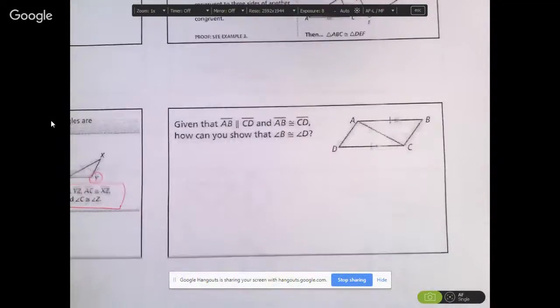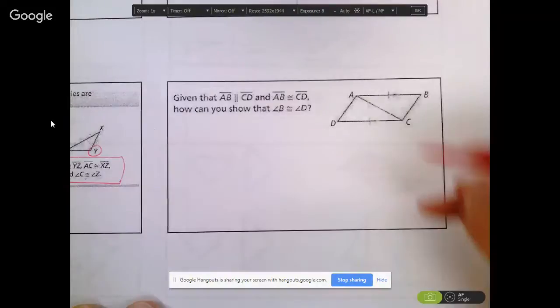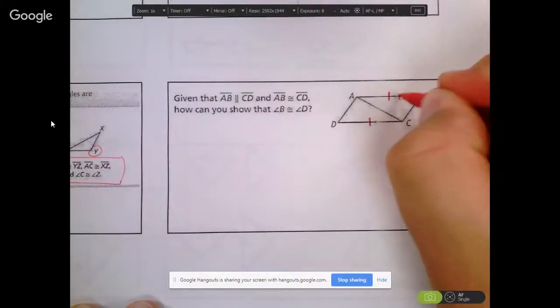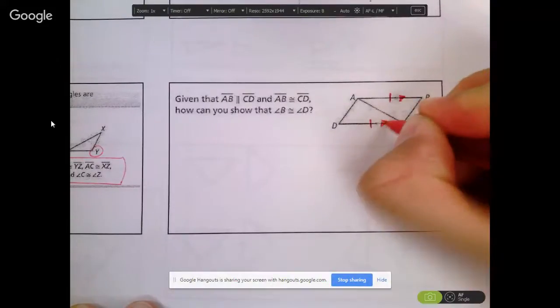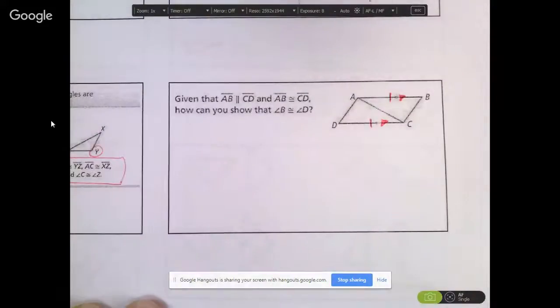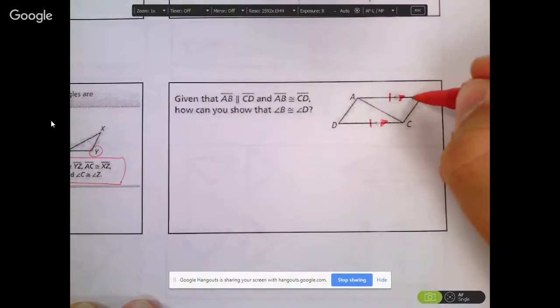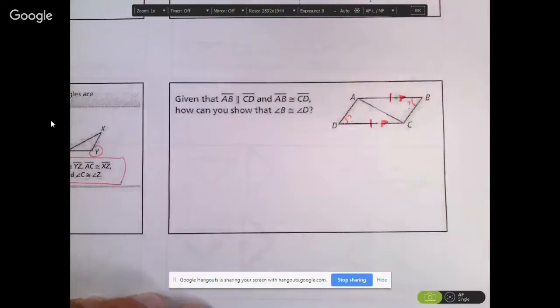So here, given that AB is parallel to CD, they tell us that these are congruent. They also tell us, although it didn't get printed very well, that there's an arrow on here. How can you tell that angle B, this angle here, is congruent to this angle here?